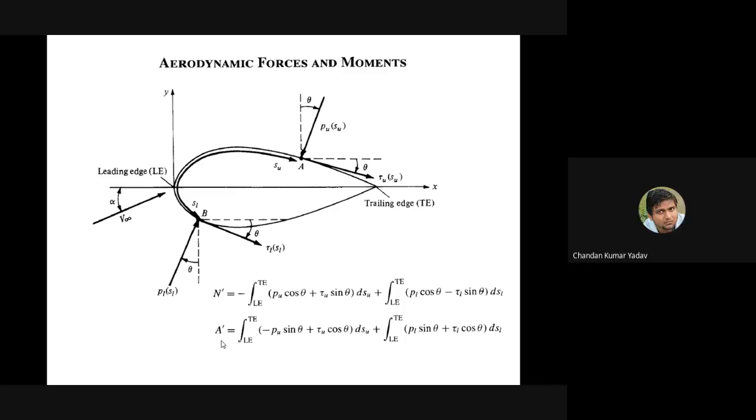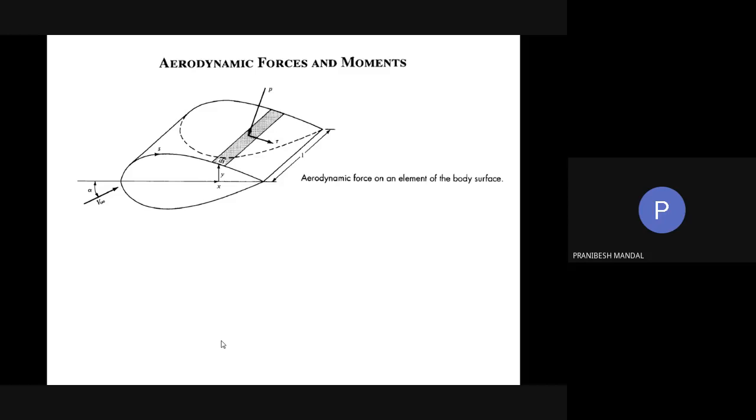Sir, what is span? What is dash? There is n prime and a prime, na? No, span. What is span? Span is this particular depth, what is shown here as 1. That we call the span of an aerofoil.